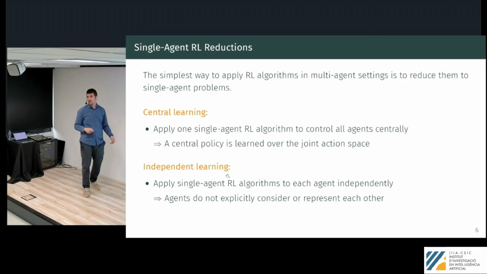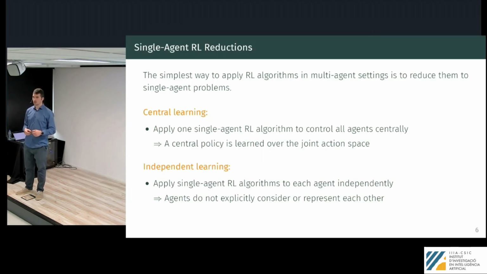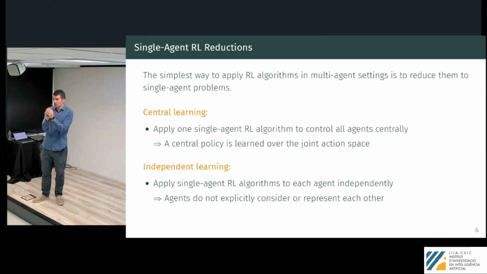Is there a question there? Aren't we missing a baseline of one policy for all the agents that is a common policy? That's the central learning. When we do central learning, there's only one policy. The policy is the central policy that we learn with central learning, and that central policy assigns probabilities to joint actions, which are then given to the individual agents. But for non-joint actions, like learning from the individual actions of agents, one policy, that's independent learning, right?